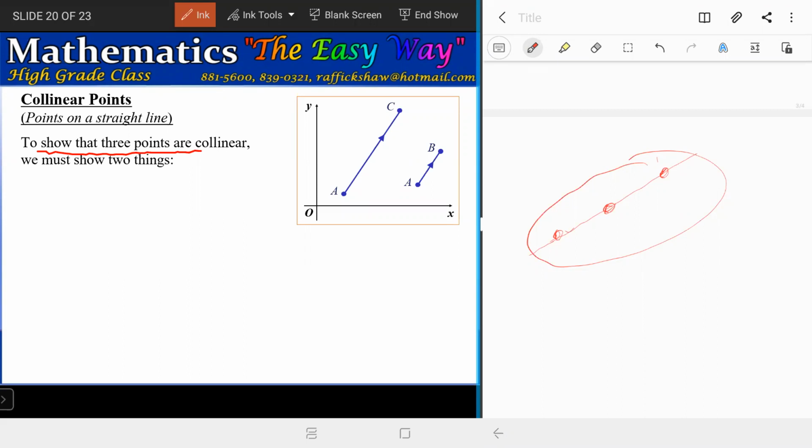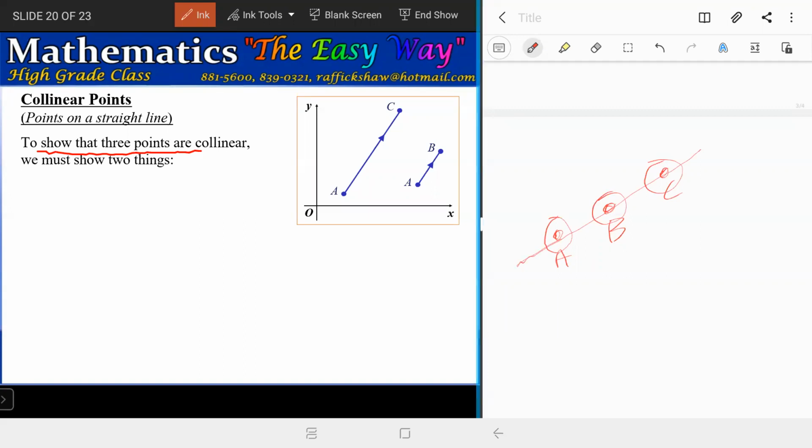For example, you have these points on a diagram: this point is A, this point is B, this point is C. Instead of saying, show that A, B, and C are collinear, the question might say, state one geometric relationship between the 3 points. That one geometric relationship is that they are collinear, but you have to show it.